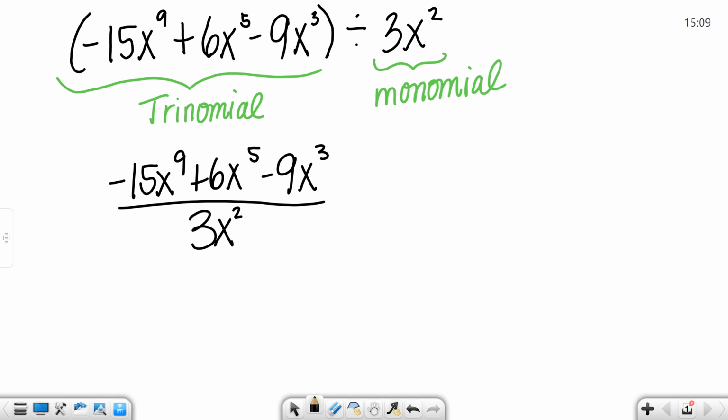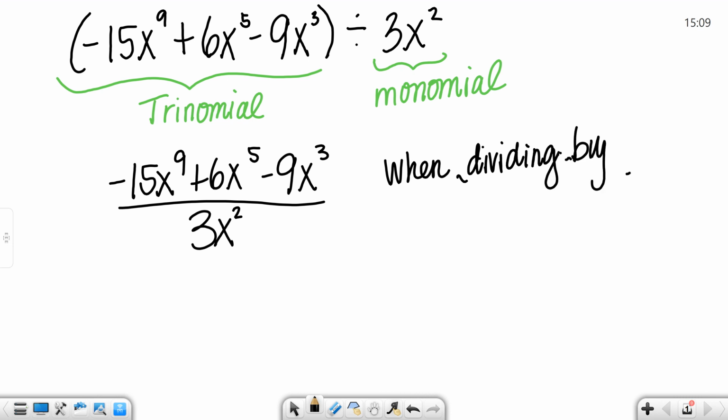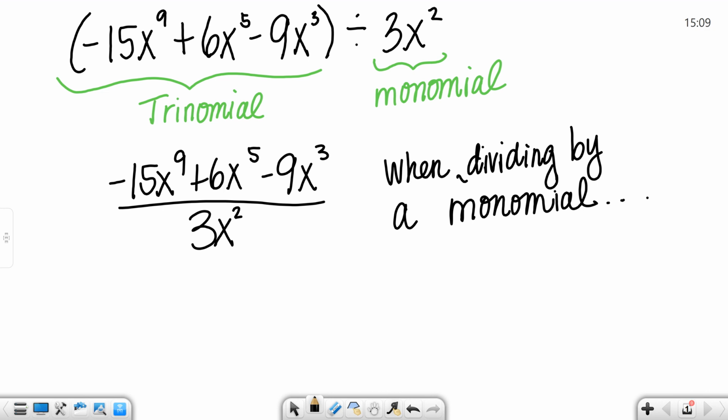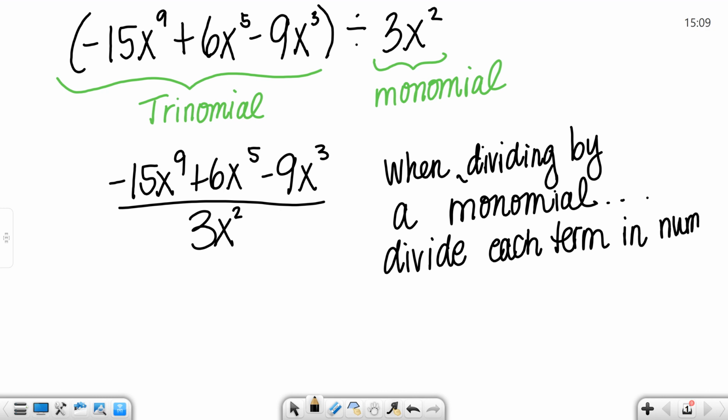Okay, now when you are dividing by a monomial, I can rewrite this and divide each term in the numerator by the monomial.